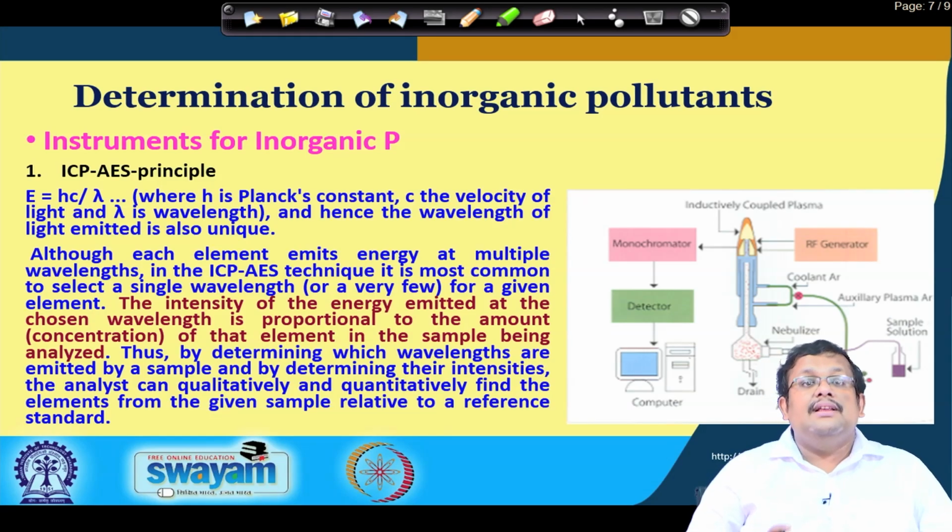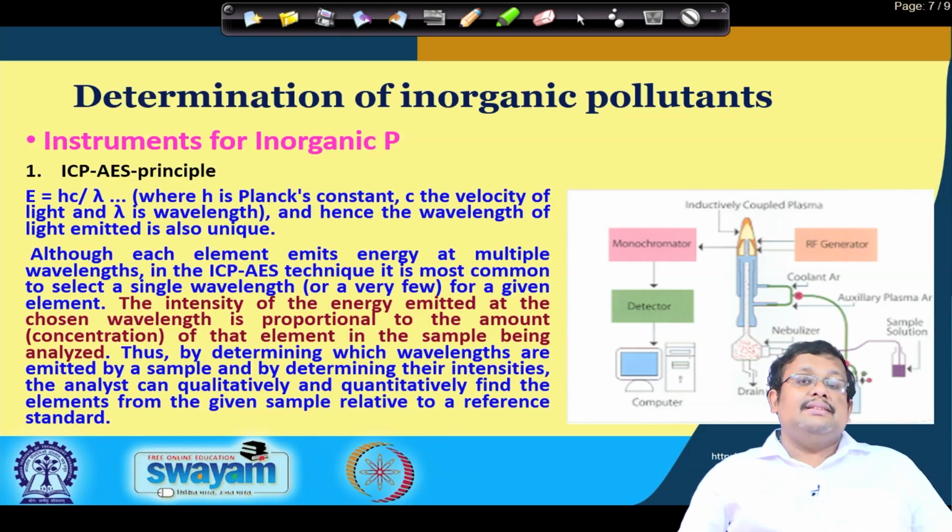So, the wavelength of light emitted is also unique, and this is the principle of working for ICP-AES. Okay. Now, it is very important to remember that each element emits energy at multiple wavelengths.